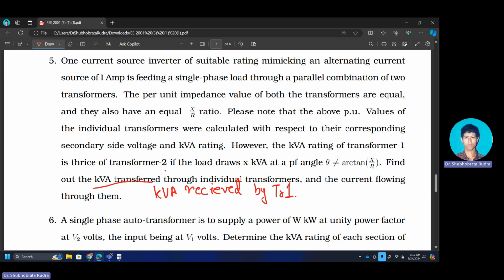But since it is asking us to find out the KVA transferred through individual transformers, that's very easy. Just take the amount of KVA that your load is receiving, divide it in proportion to their impedance values, and you will get the answer.